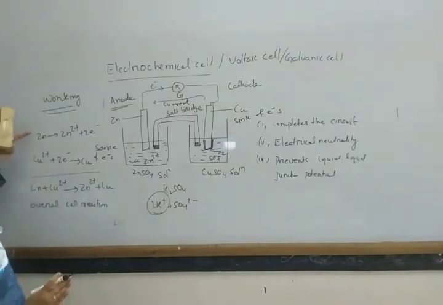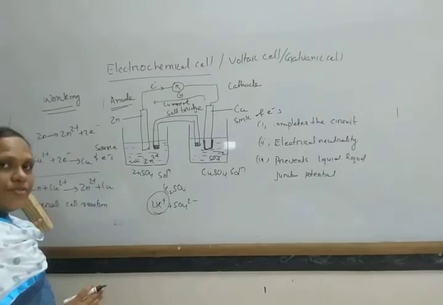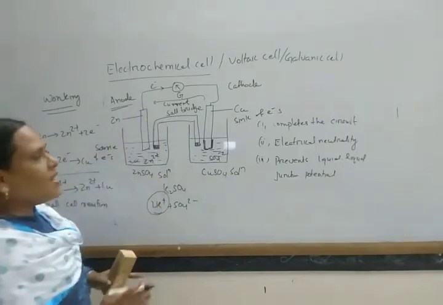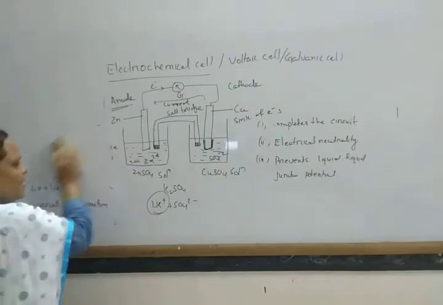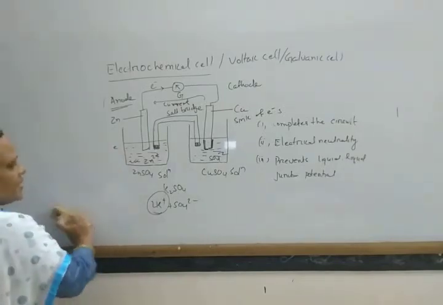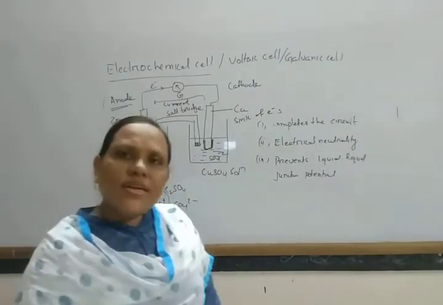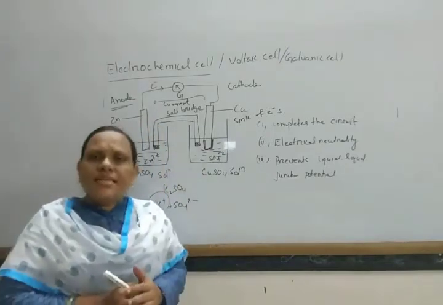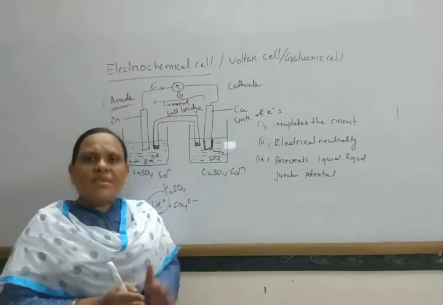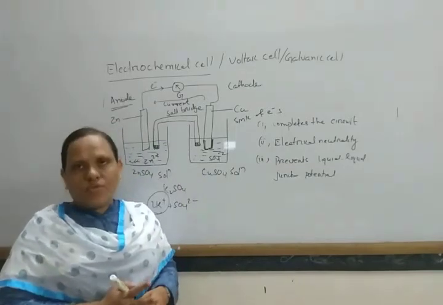So this is the reaction at the anode, this is the reaction at the cathode, and this is the overall reaction of the electrochemical cell. Next, to represent this cell diagrammatically takes more time as well as more space. In this way, this cell can be represented in a symbolic way.